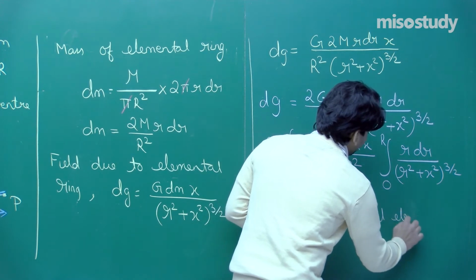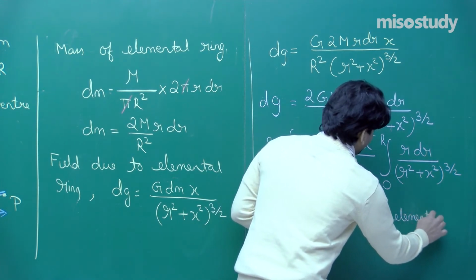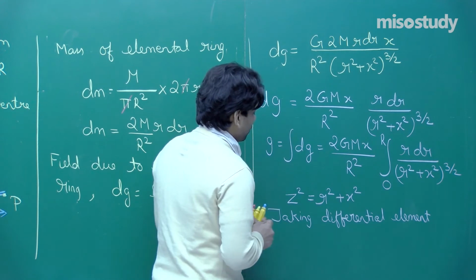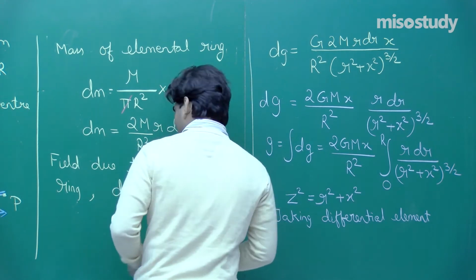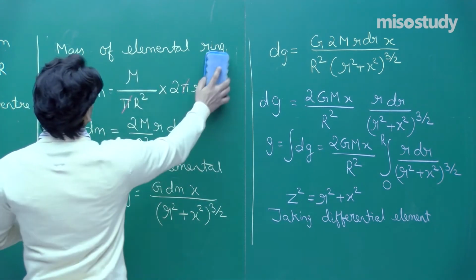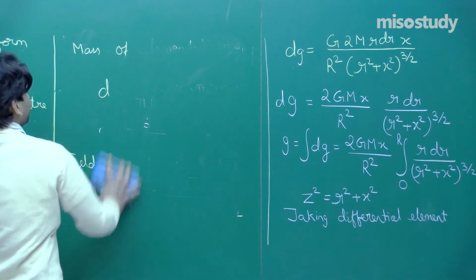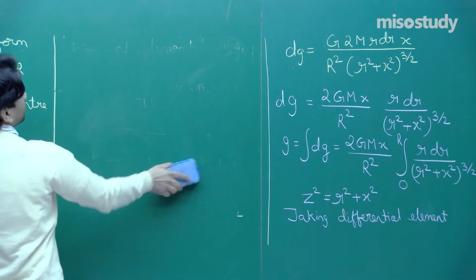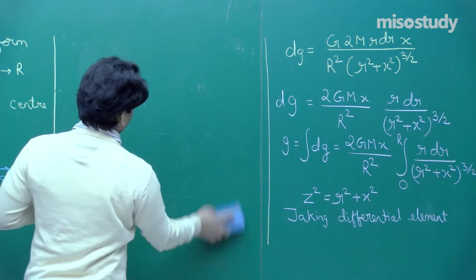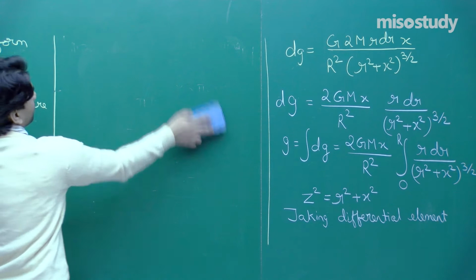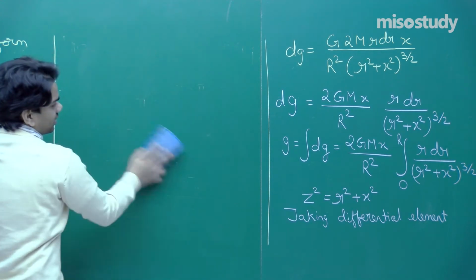Taking differential element, we will be having z square, 2z dz. I am writing at the left hand portion, that will be good for us. We have used all the values from this part and hope you would have taken down before I have rubbed this. Let's be very quick.